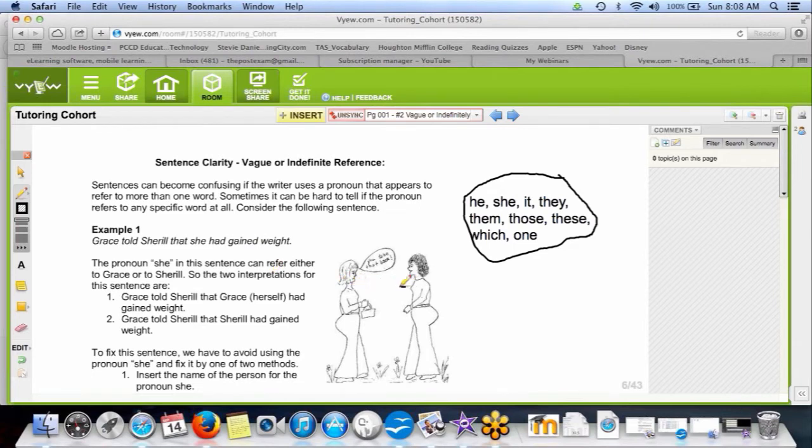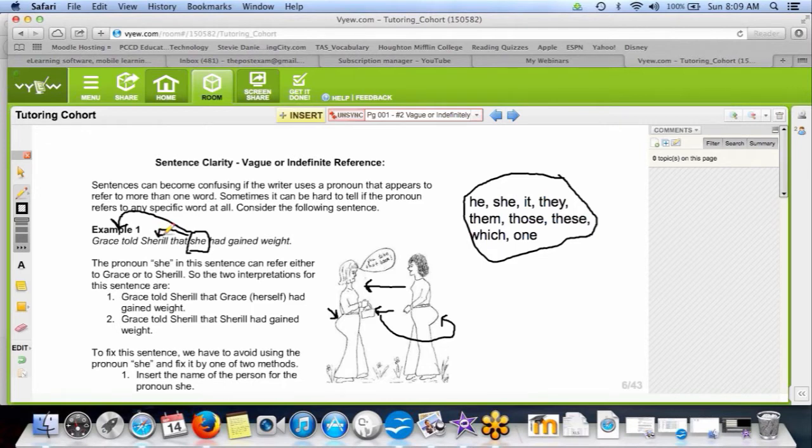I don't know if Grace is telling Cheryl that Cheryl has gained weight, or if Grace is telling Cheryl that Grace herself has gained weight. The pronoun she is what we call a vague pronoun. It's vague only because you have more than one interpretation, more than one person that this pronoun could refer to.